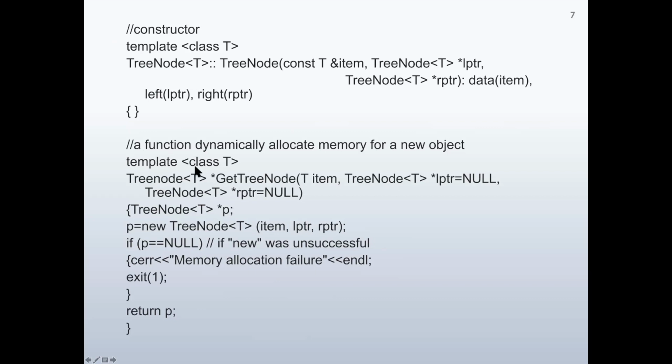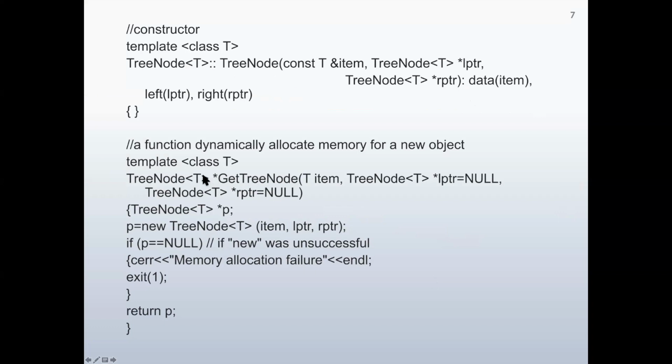Similar to the get node for the node class for the linked list previously, here we have a function. This is not a method, but it's a function outside of the tree node class, and this function dynamically allocates memory for a new object. It is written as a template function, template class T. The name of the function is getTreeNode.